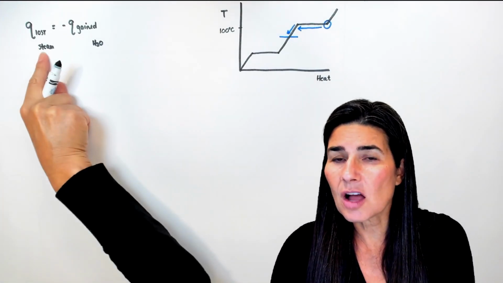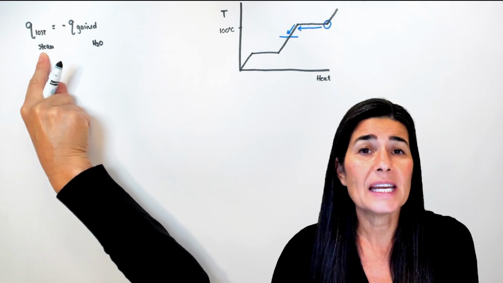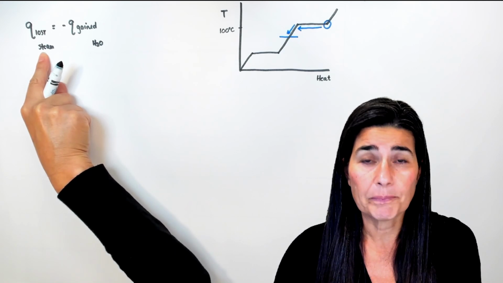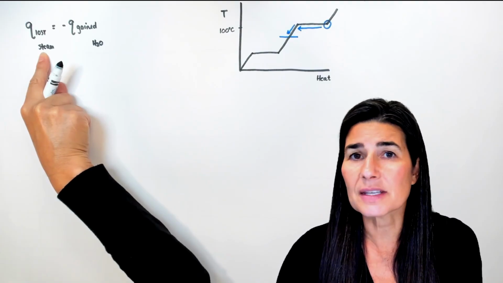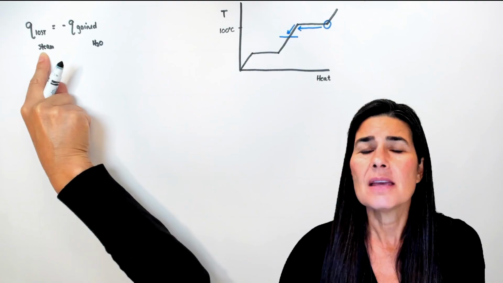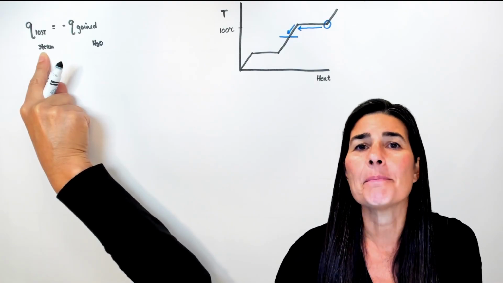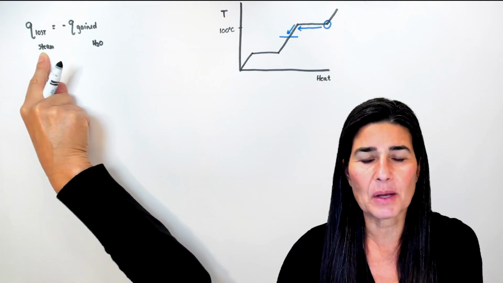So the heat lost by the steam, we're going to have two parts. Let's start with the phase change. We need to use the heat of vaporization, which is given as 2,260 joules per gram. So to get the joules out of that, we just need to multiply by the mass, the number of grams of steam that we have.